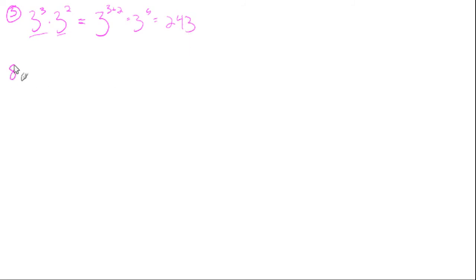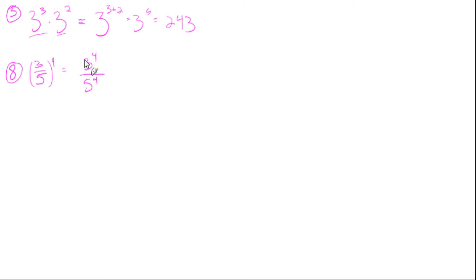Now let's do number 8. That's 3 fifths to the 4th. Well, there's a property that tells me I can take 3 to the 4th over 5 to the 4th.